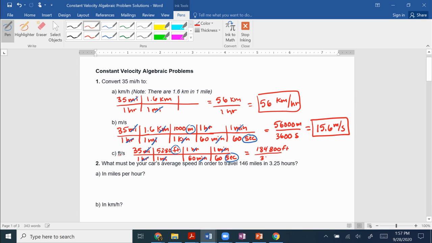Feet, seconds. So divide. And you should get 51.3 feet per second. Cool, there we go. Next one.